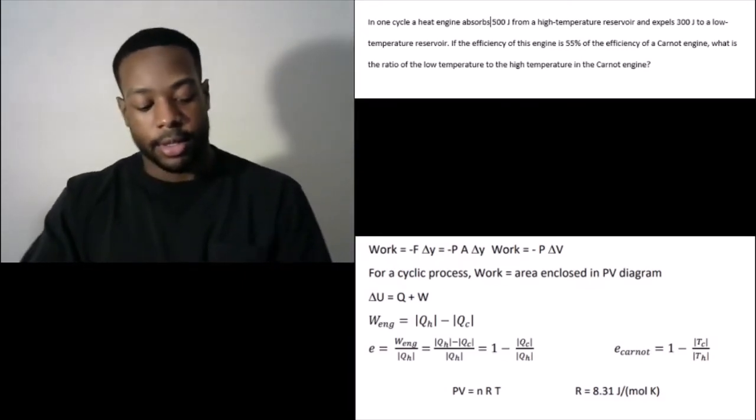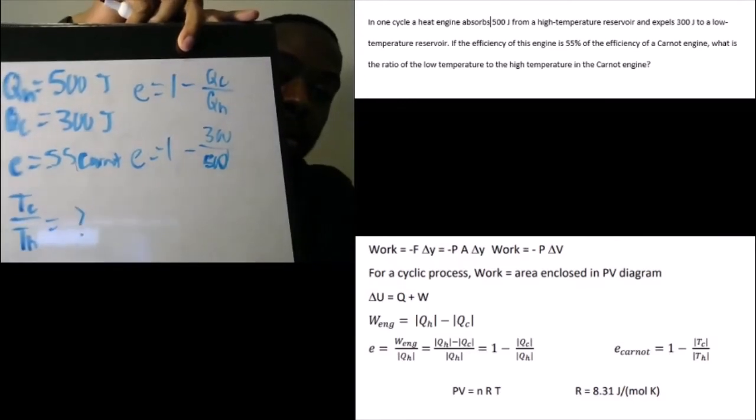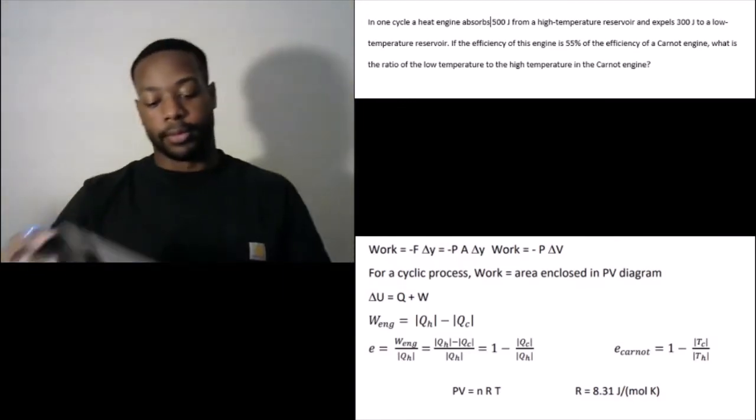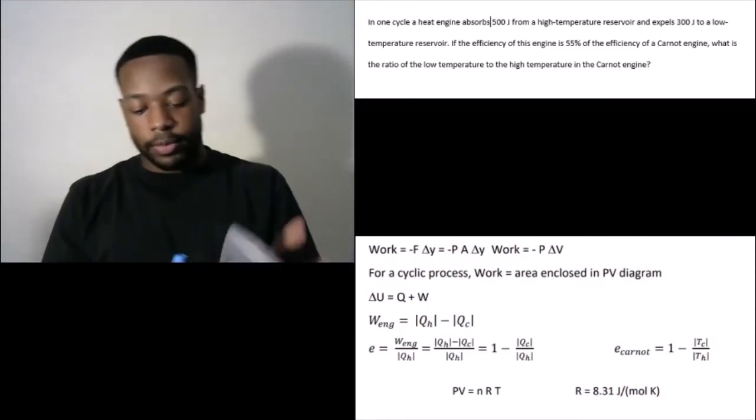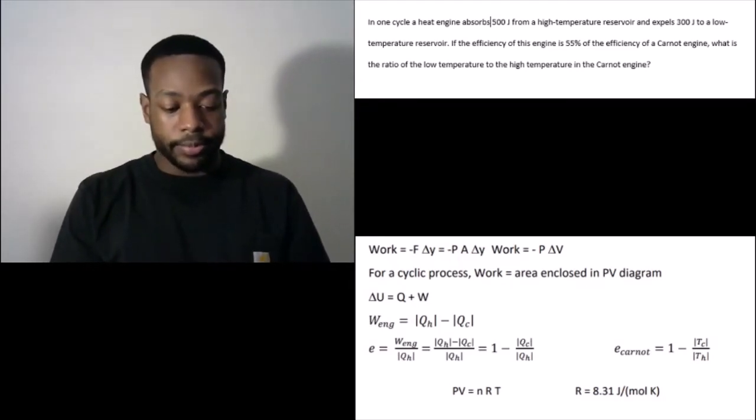So we've got efficiency equals 1 minus 300 over 500.